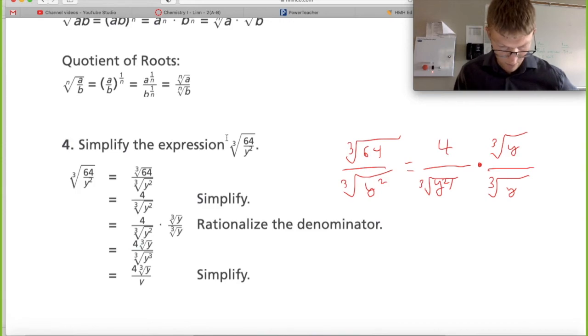Wait, that doesn't work. Oh, I get what they're doing. So I'm looking right here, and I was wondering what they were doing, because I thought it was going to cancel out. That's not going to.